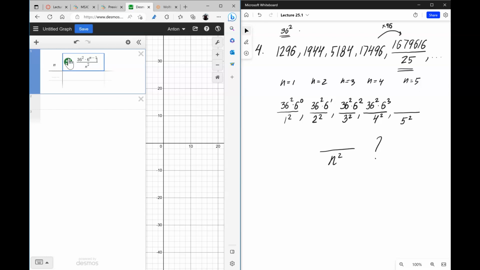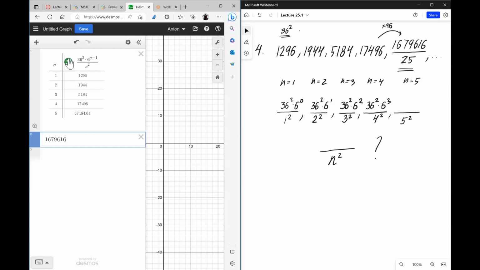Let's see if that works. So n is equal to 1. We get 1296, 3, 4, 5. Let's just check. 167, 9616 divided by 25. Yeah, there you go. So that seems to be the formula.